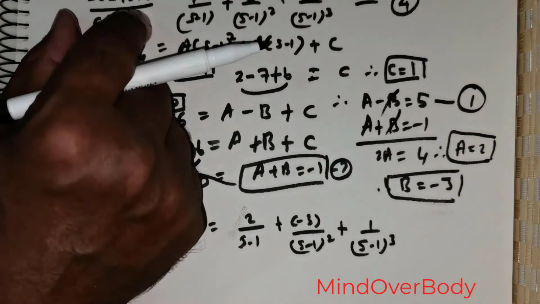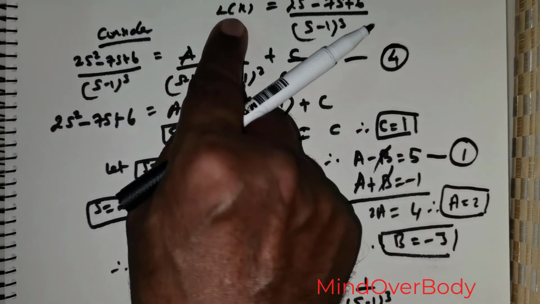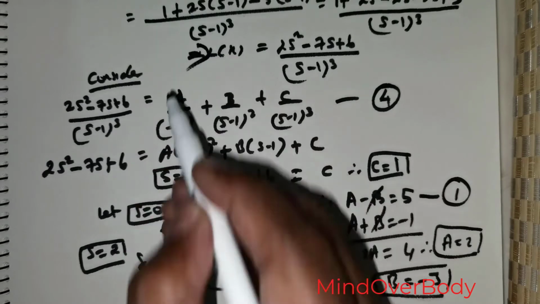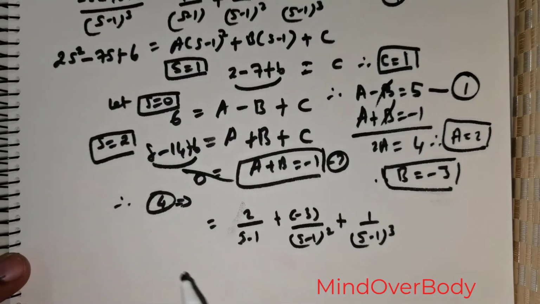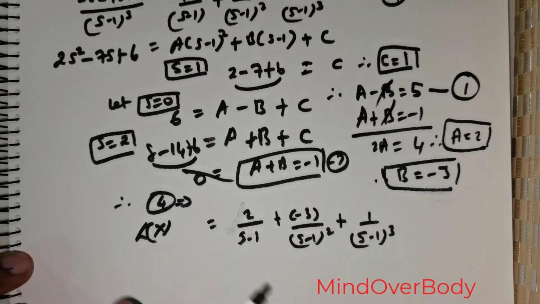On the left side you got this, right? This is nothing but L of x. So L of x is this, but we need to obtain x.